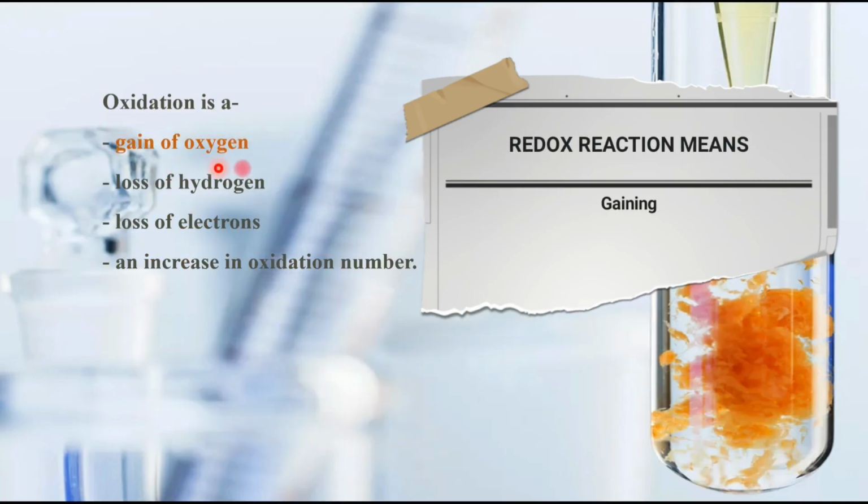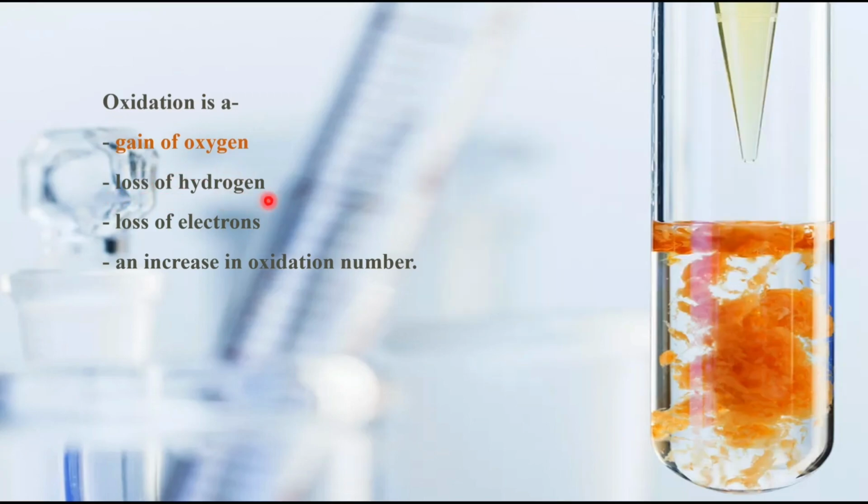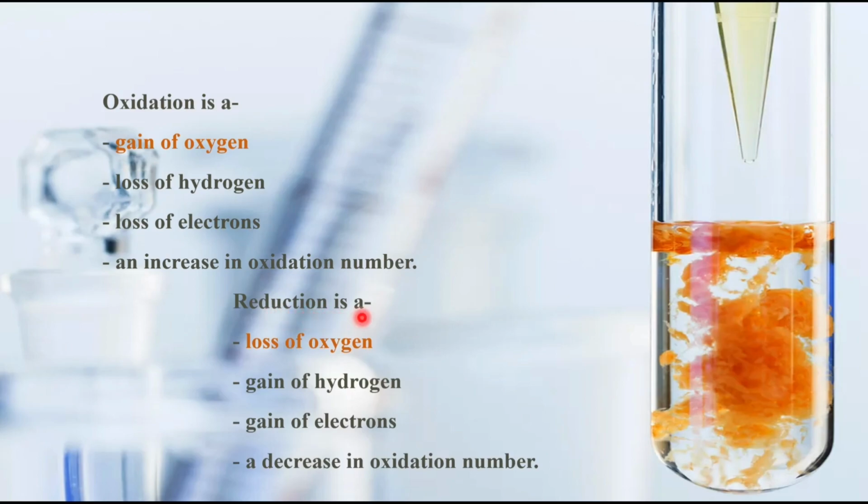Oxidation is a gain of oxygen and also loss of hydrogen, loss of electrons, and increase in oxidation number. Whereas reduction is a loss of oxygen, gain of hydrogen, gain of electrons, and a decrease in oxidation number.